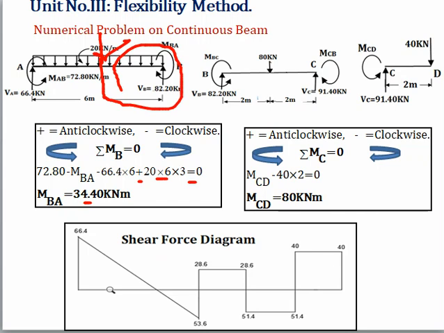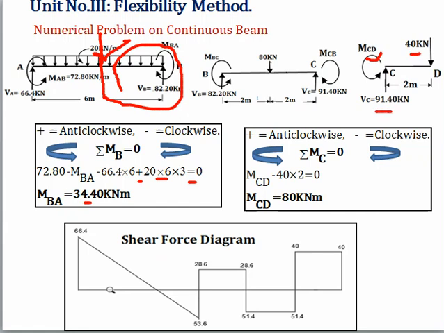Now find out the moment at C. Let's assume that the moment at C is in an anti-clockwise direction, call it MCD, and the reaction at C will be 40. Again I repeat, this reaction will be 40.